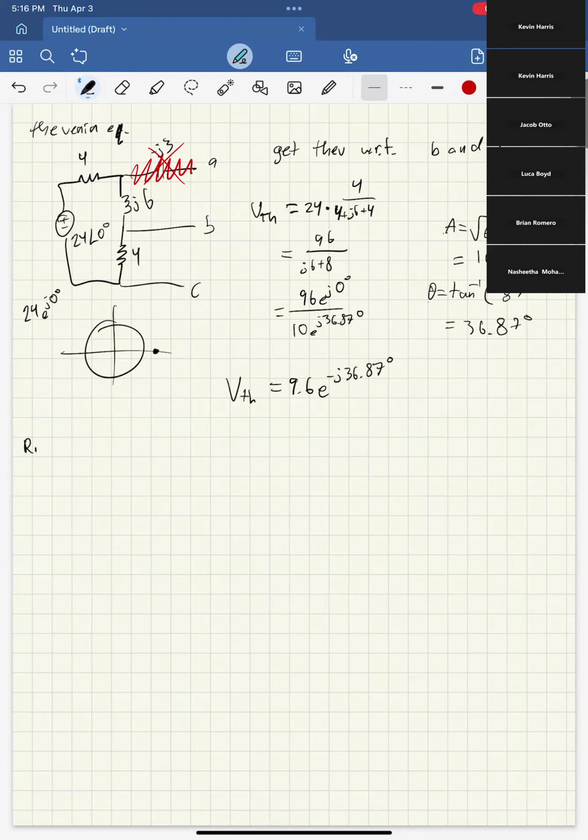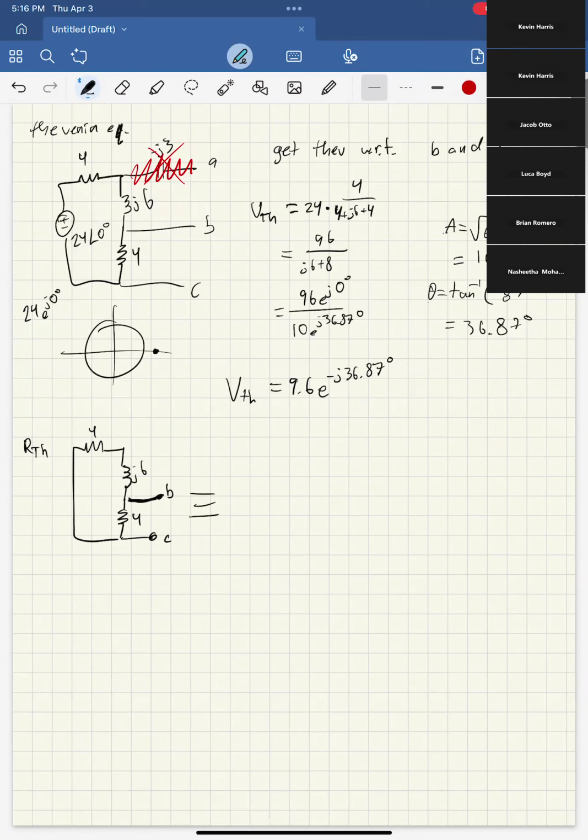For RTH, if you remember, we take our circuit and we neutralize the sources and then find the equivalent resistance from the perspective of B and C. So for your sake, I will redraw this real quick. This was J6.